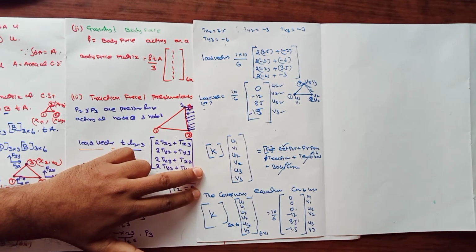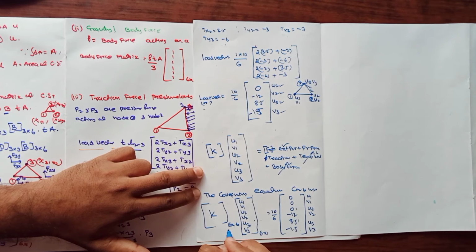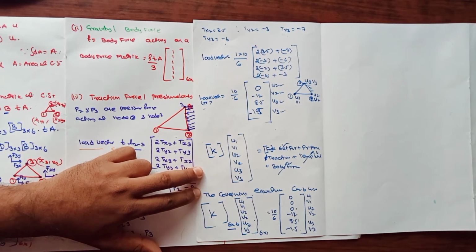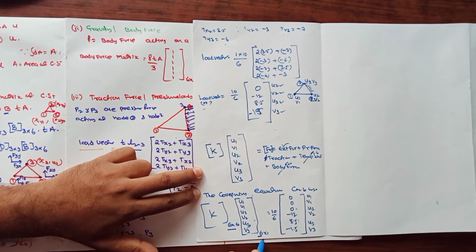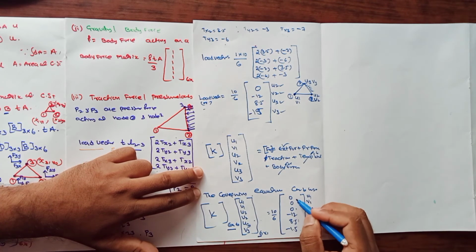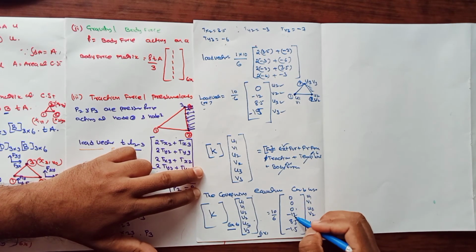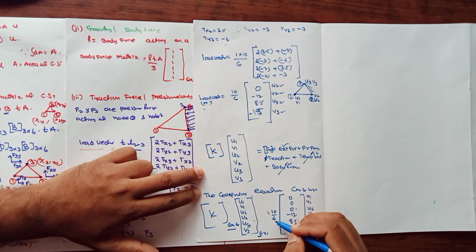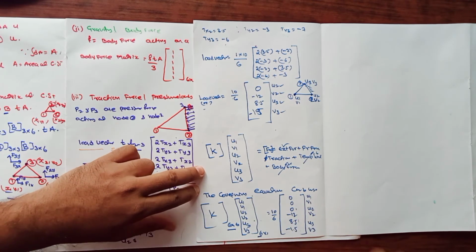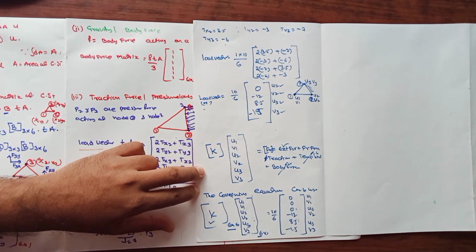So the global stiffness matrix 6 by 6 times u, which is u1 v1 u2 v2 and u3 v3, 6 by 1, equals the force vector 0 0 0 minus 12 8.5 minus 1.5, multiplied by 10 by 6. This would be the governing equation, and we calculated this yesterday. So each and every row is known.